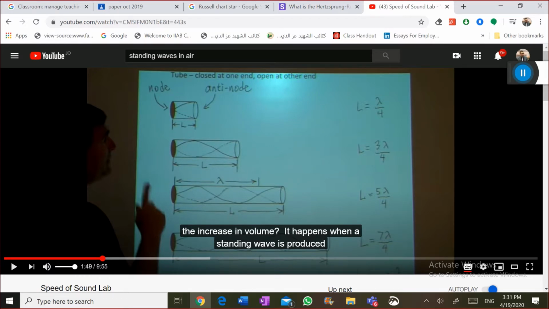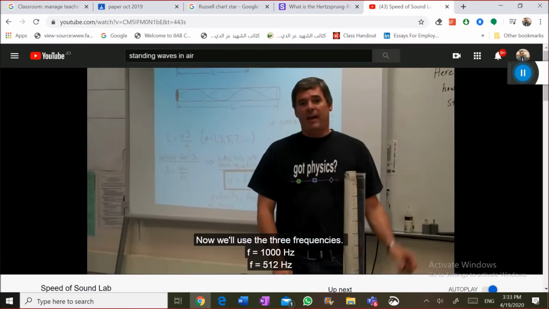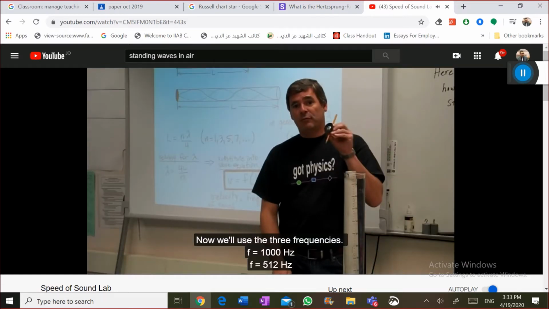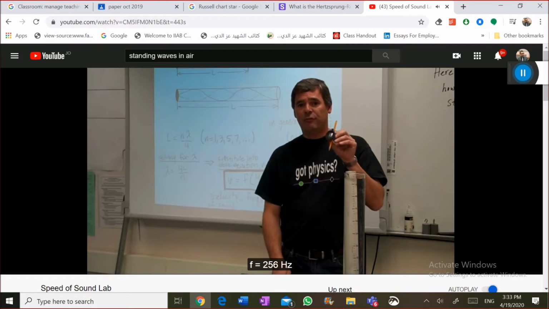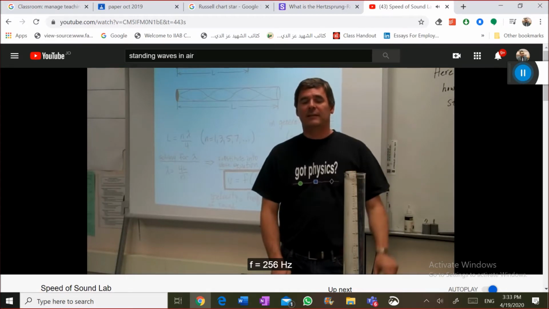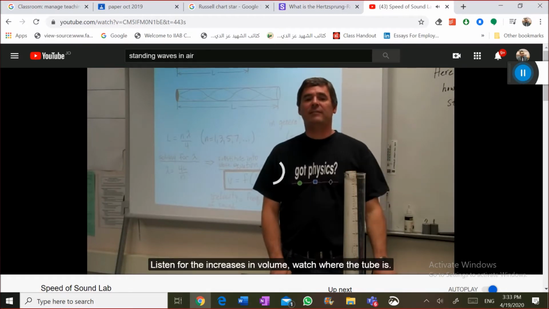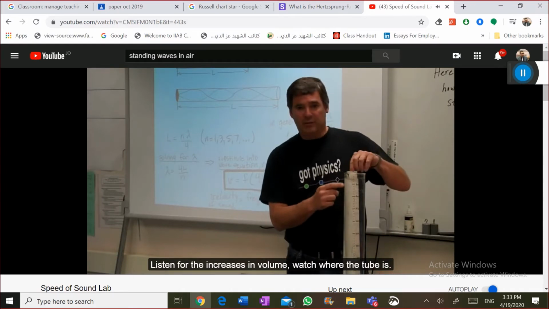Standing waves are formed in this length of air in this tube. Okay? And F equals 512 and F equals 256. Listen for the increases in volume. Watch where the tube is.